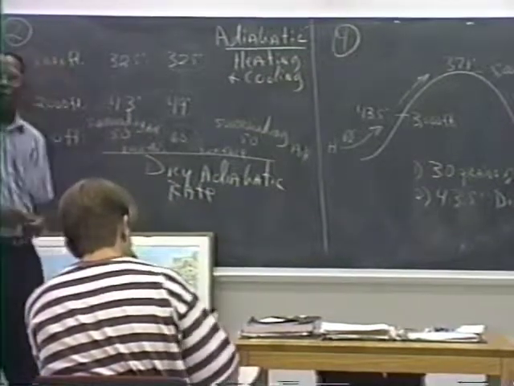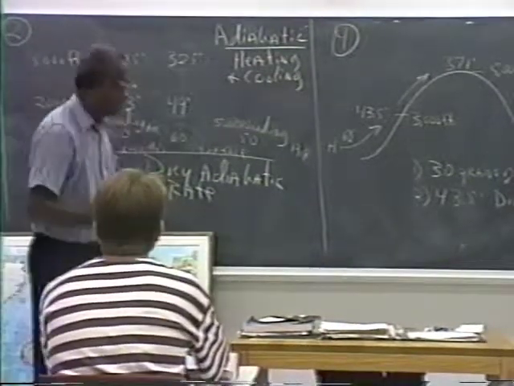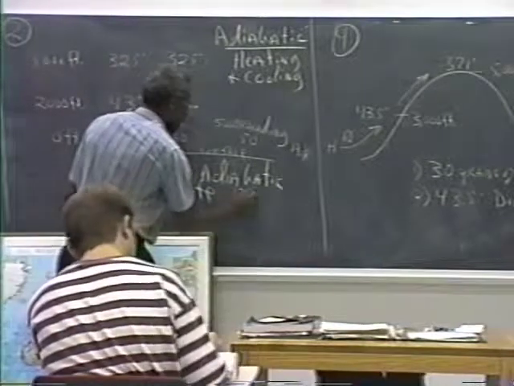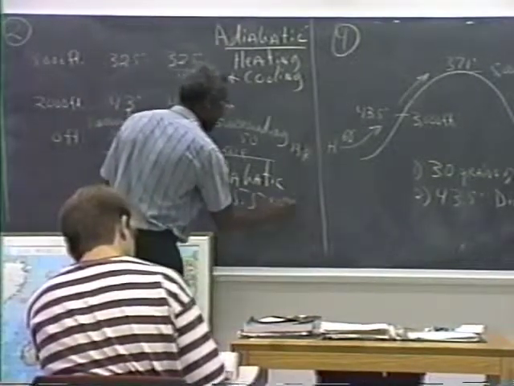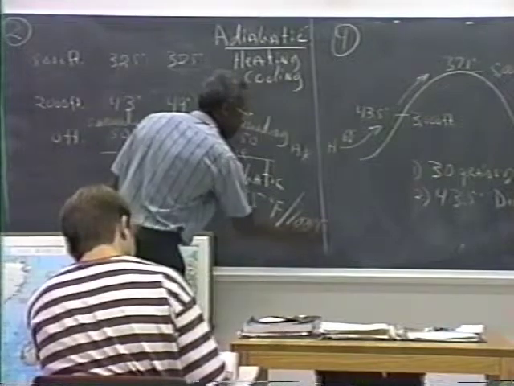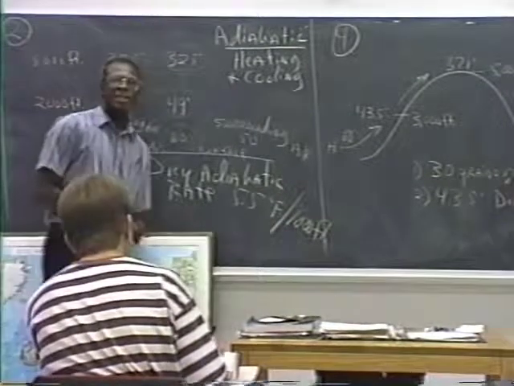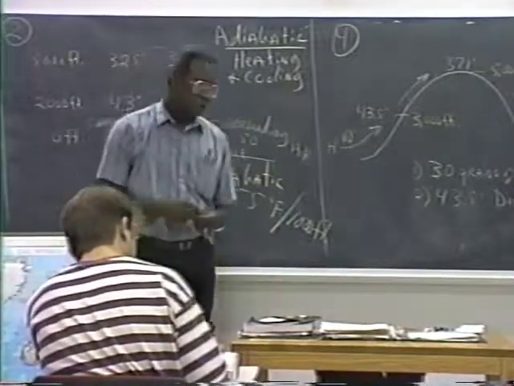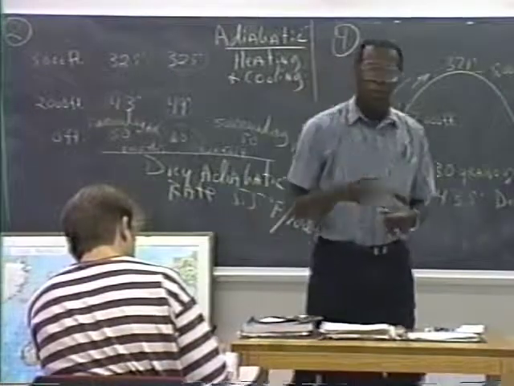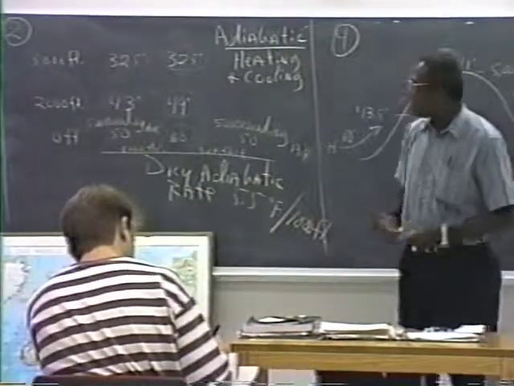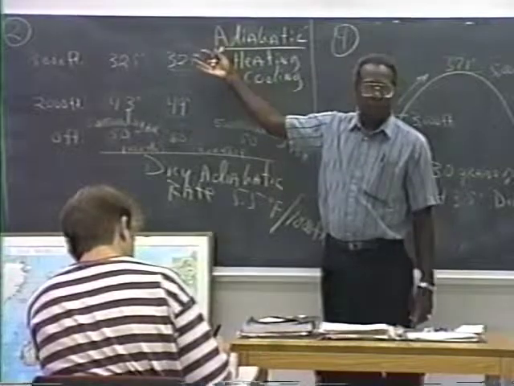The dry adiabatic rate, specifically, is 5.5 degrees Fahrenheit per 1,000 feet. This is the dry adiabatic rate. This is the rate of cooling on the average of air as it rises up from the Earth's surface.